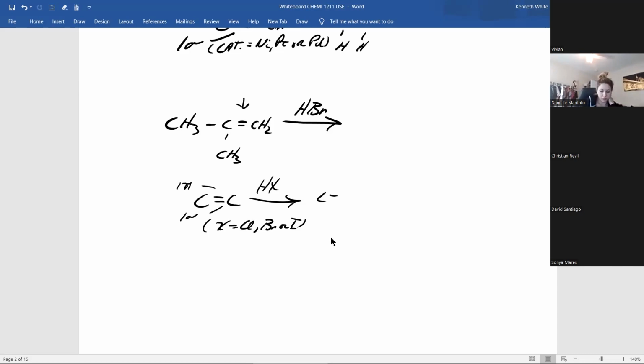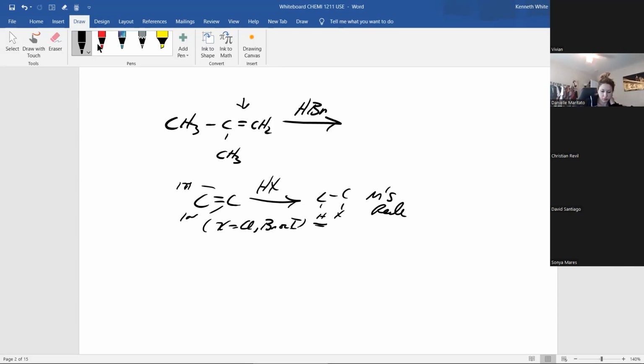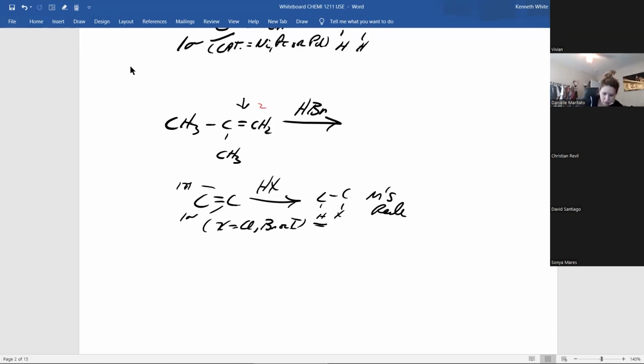And you break the pi bond, one carbon gets H, the other gets X, and it follows Markovnikov's rule, and that is the carbon of the double bond with the most hydrogens gets the hydrogen, and the other gets the halogen. And now you have to use our high-level math skills. This has 2, this has 0, which is the larger number?